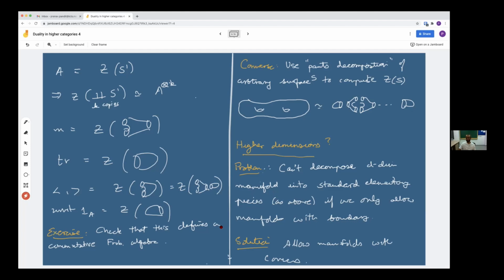And the converse direction is not terribly hard, but you have to use the fact that you can decompose any surface into pairs of pants, into these elementary pieces, which all look like one of the guys in this list. And then you can compute Z on this manifold as a composite of Z of these pairs of pants. So that's pretty much the idea of the proof.